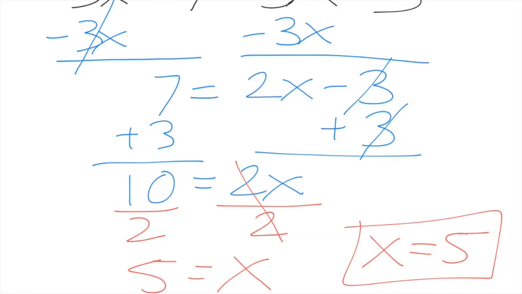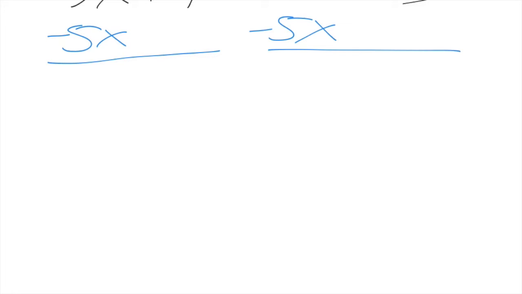Now, the tricky part is, what if I had done the 5x first? What if I had subtracted 5x from both sides instead? Would I have gotten the same answer? Yes, I would have, and I want to show you how that works. If I had started with 3x plus 7 equals 5x minus 3 and subtracted 5x from both sides, what would I end up with?